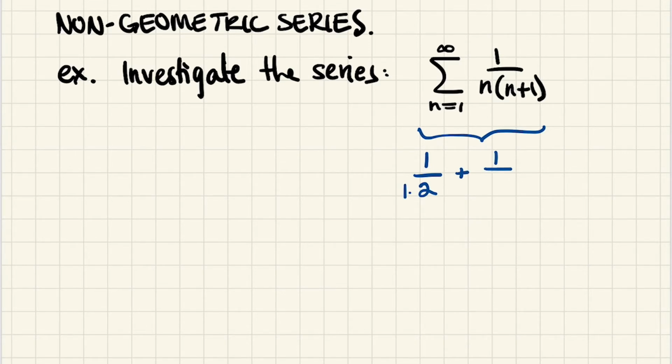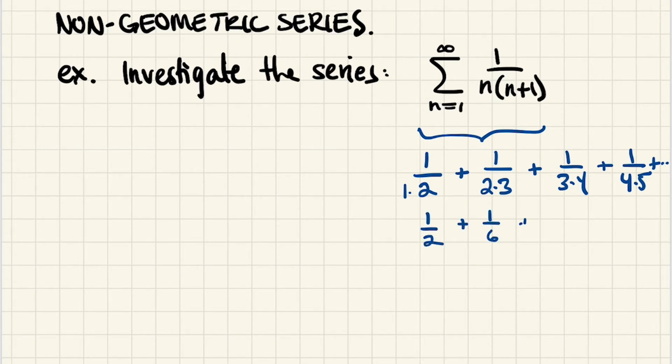Then the next term is 1 over 2 times 3, then 1 over 3 times 4, and then 1 over 4 times 5, etc. So this is like 1/2 plus 1/6 plus 1/12 plus 1/20, etc. Who knows whether this even converges, and if it does converge, can we figure out what it adds up to, what the sum is?